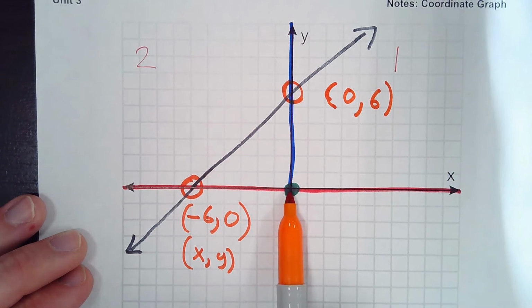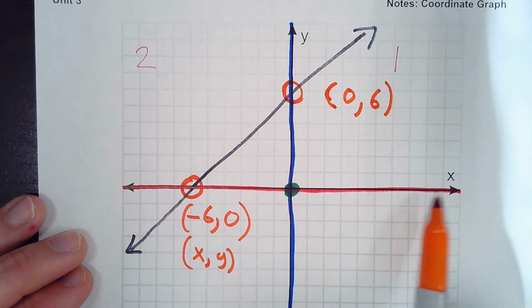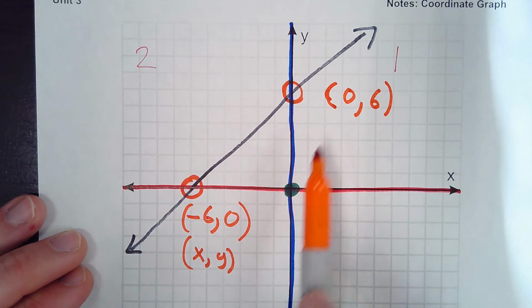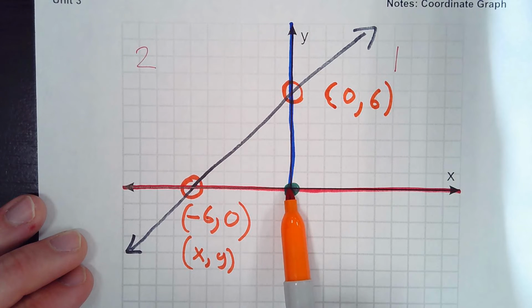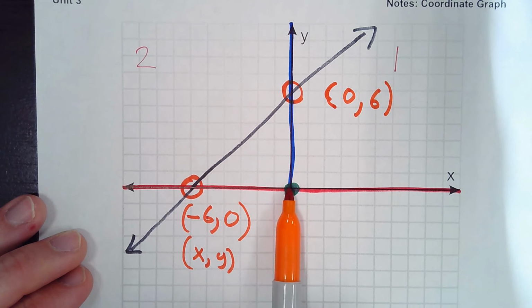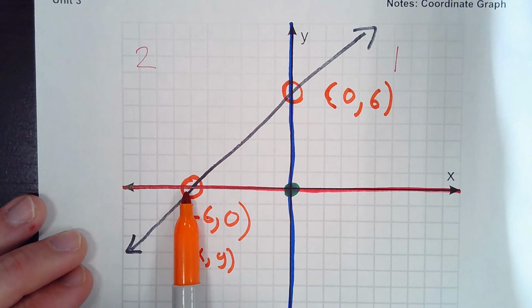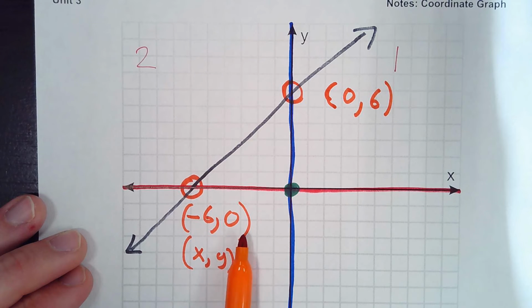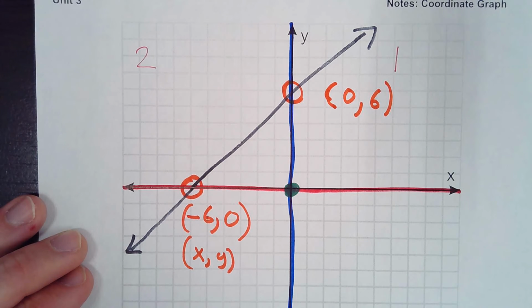I move 0 places in the x direction, right? I don't move left or right, just 0, and then I move up 6. Or down here, I move to the left or the negative direction 6, and then I don't move up and down at all in the y direction. So that's where our coordinates come from.